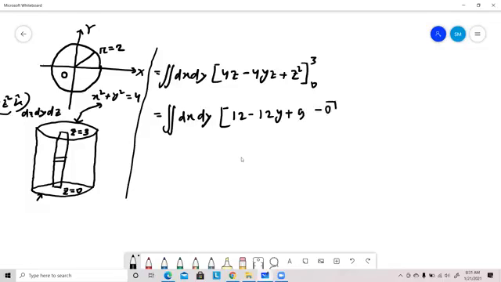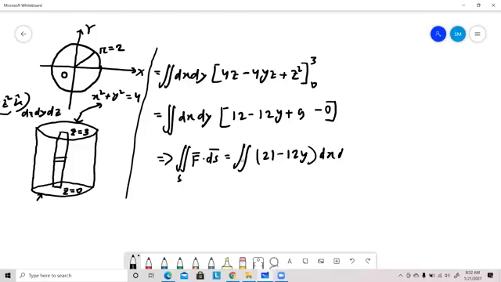The remaining terms will all be 0 because every term carries z, which is 0. So the whole term will be 0, and finally we get the surface integral, F dot dS, equal to the surface of 12 plus 9, 21 minus 12y dx dy.